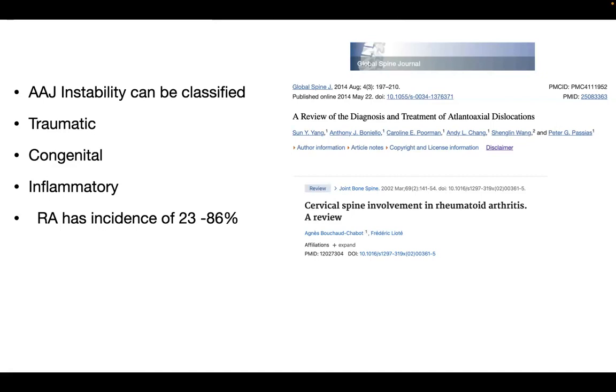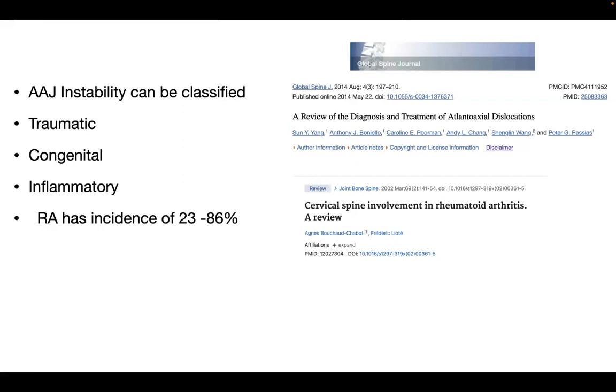Coming to congenital causes, various congenital syndromes like Down syndrome, the most common one, have congenital instability. Skeletal dysplasias and spondyloepiphyseal dysplasias are a few other causes of congenital instability. Coming to inflammatory causes, RA is the most common cause. Rheumatoid arthritis is the most common cause of atlantoaxial instability.